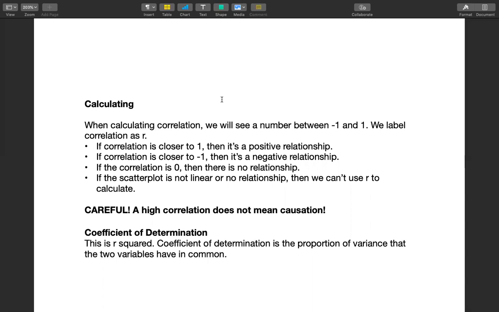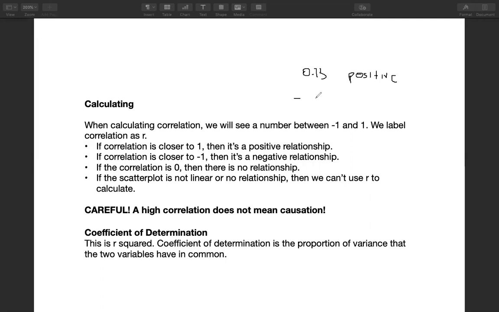So if the scatter plot is not linear or there is no relationship, then we can't use r to calculate it. So for example, if we had 0.73, that's a positive correlation.